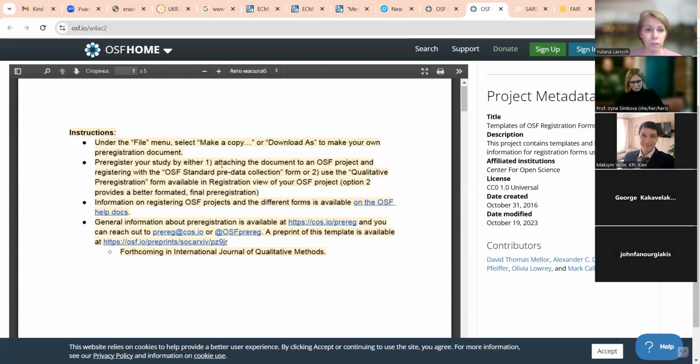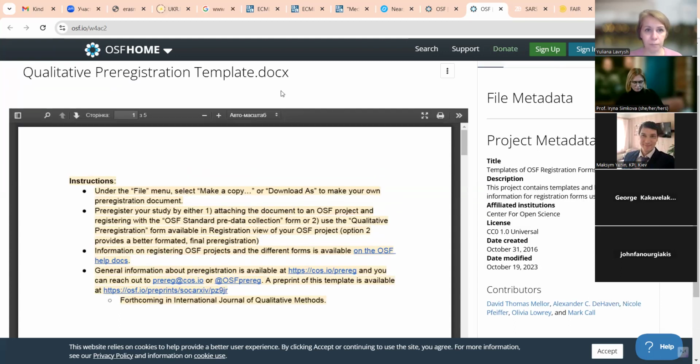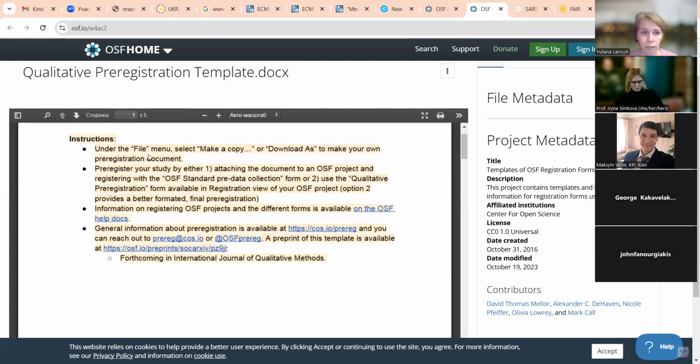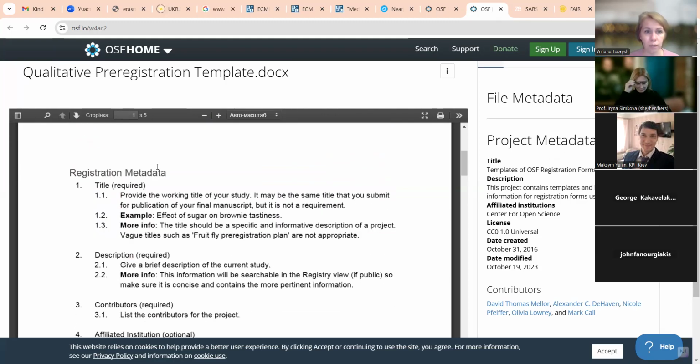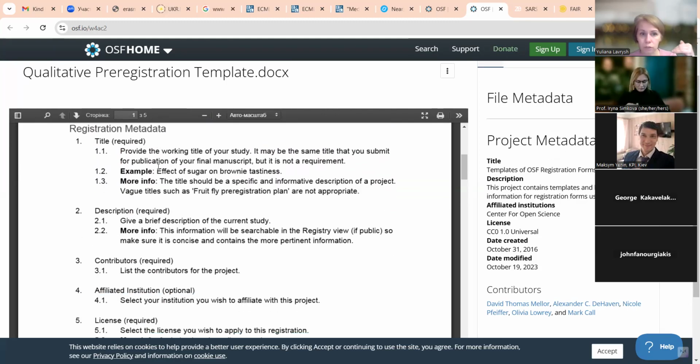And for example, this is a template for qualitative pre-registration data. And here is a README file with instructions: what to do, what to copy, how to upload, what kind of data you should use, and how to register.